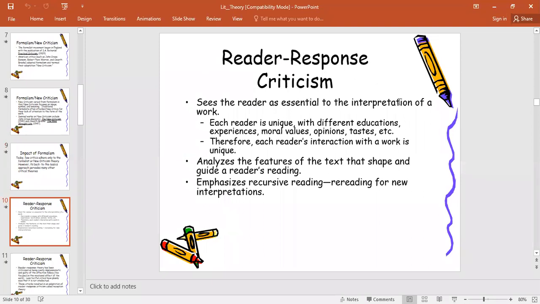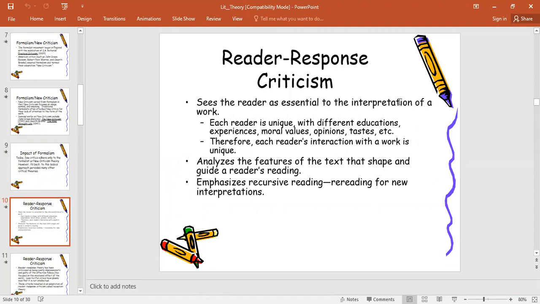Readers' response criticism. Now see, what is the response of readers as far as the criticism is concerned? It sees the readers as essential to the interpretation of work.